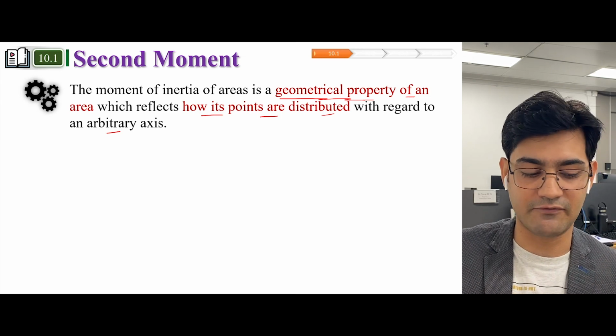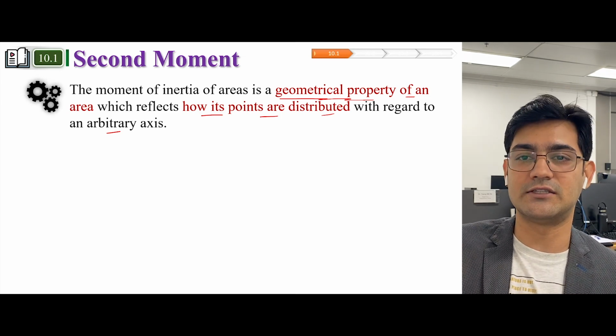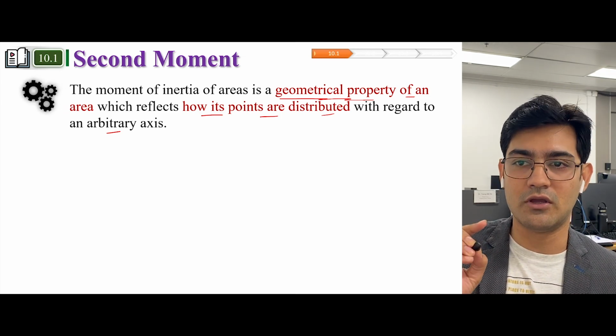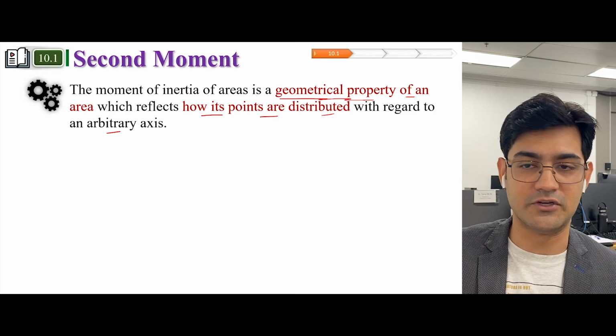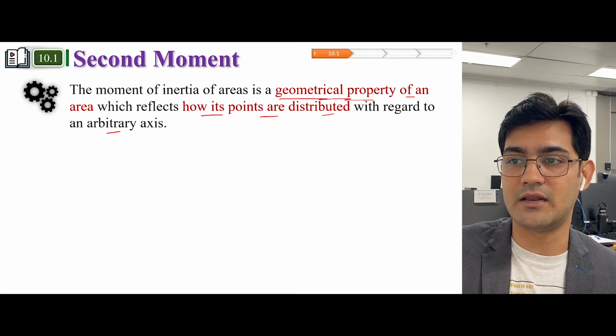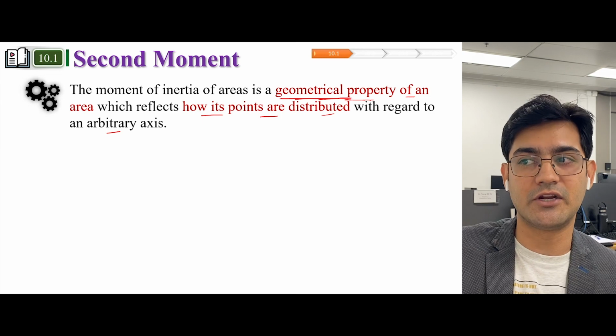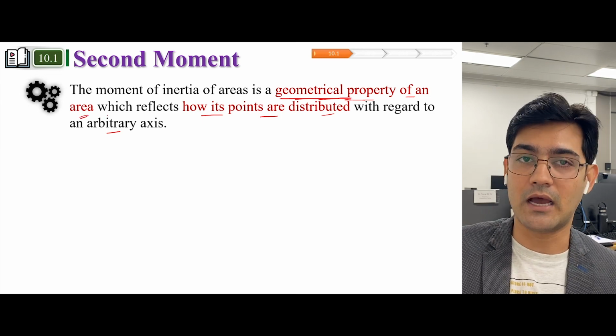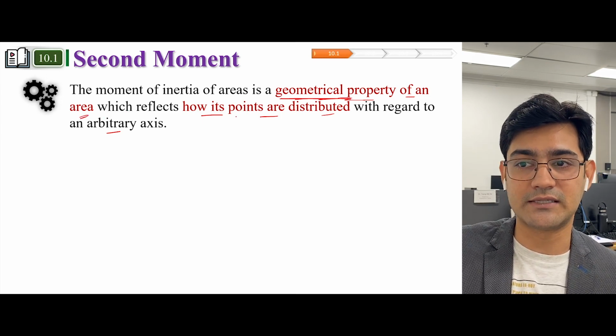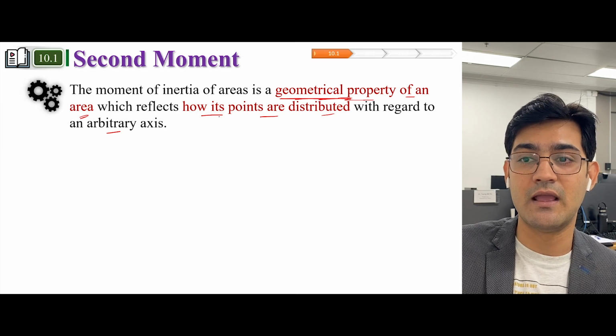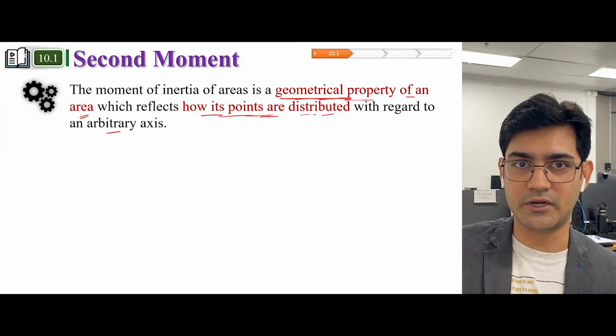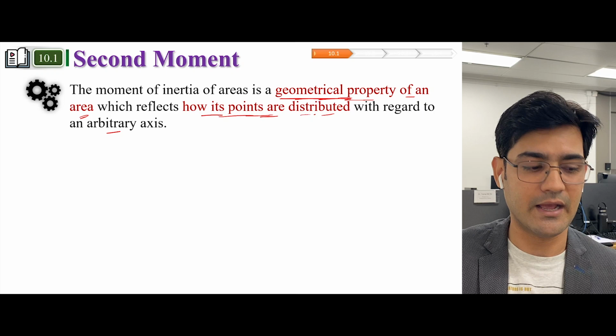So let's first define what is inertia, and then we will explain intuitively how we can understand moment of inertia. But for now we can understand that it is a geometrical property of an area. And how is this geometrical property calculated? It's calculated by understanding how its points are distributed with regard to any arbitrary axis.